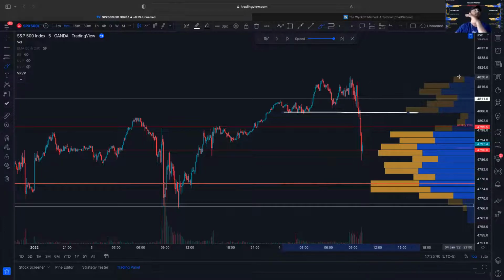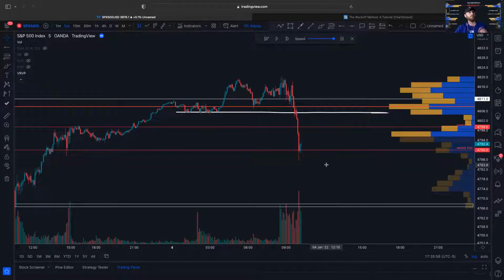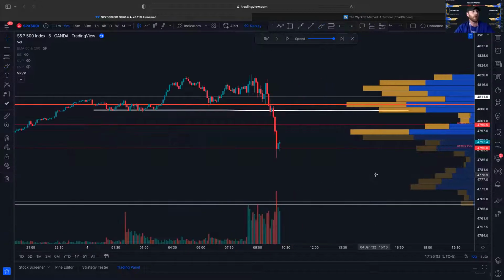And it shouldn't even get up here because that's too small of a node. But it could. With this type of move, in the time of day that it happened, we are definitely expecting this to happen. But we've got to watch and see what happens down here. At the end of a trend, volume is going to pick up with a small candle. So we're going to watch what happens down here.